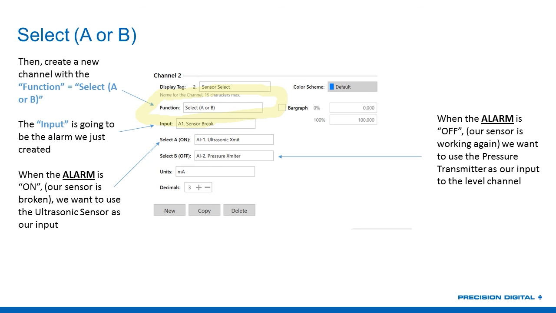The reason why is because this channel that we're configuring here is the selection channel. This is where we tell the consolidator which inputs to choose. So when our sensor breaks or turns off, we trigger an alarm. So we want the input to this channel to be that alarm.